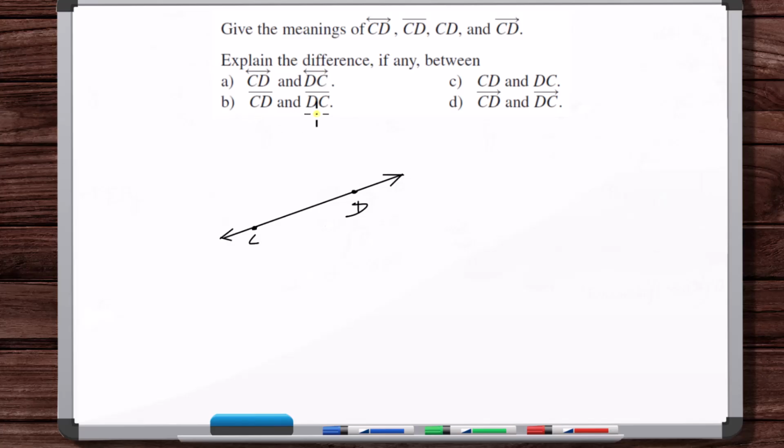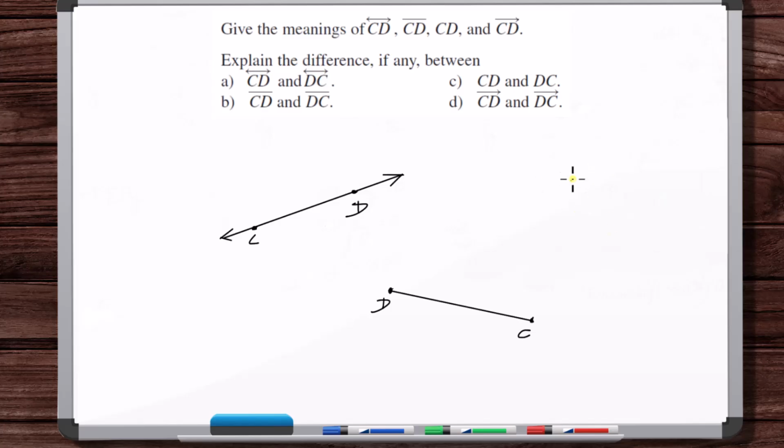And a similar idea with a line segment. We read left to right, so I guess if you want DC, you'd put D first, but it doesn't matter. Now, a ray is a little bit different.